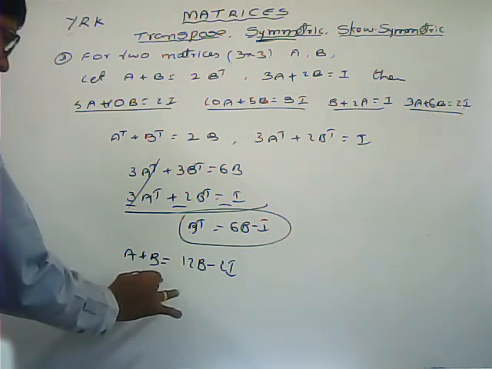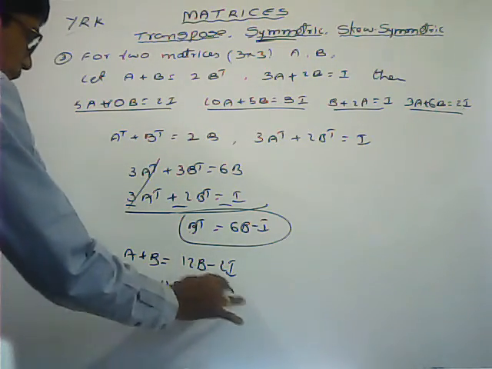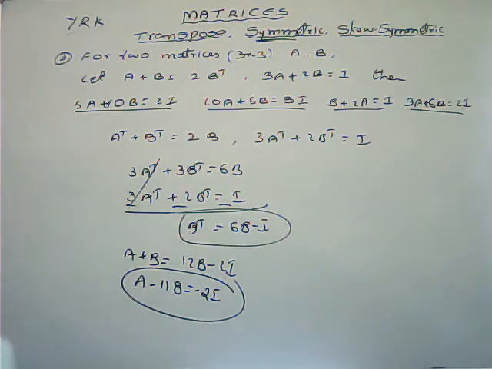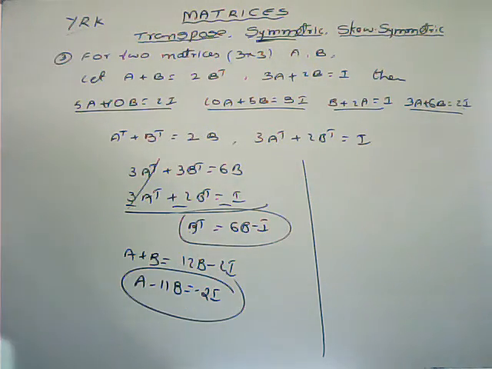So A minus 11B is equal to minus 2I. Here we got a relation A minus 11B is equal to minus 2I.